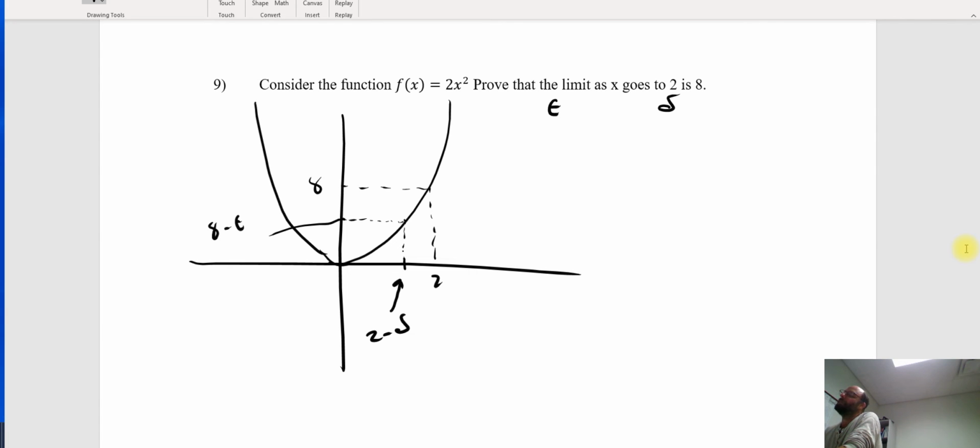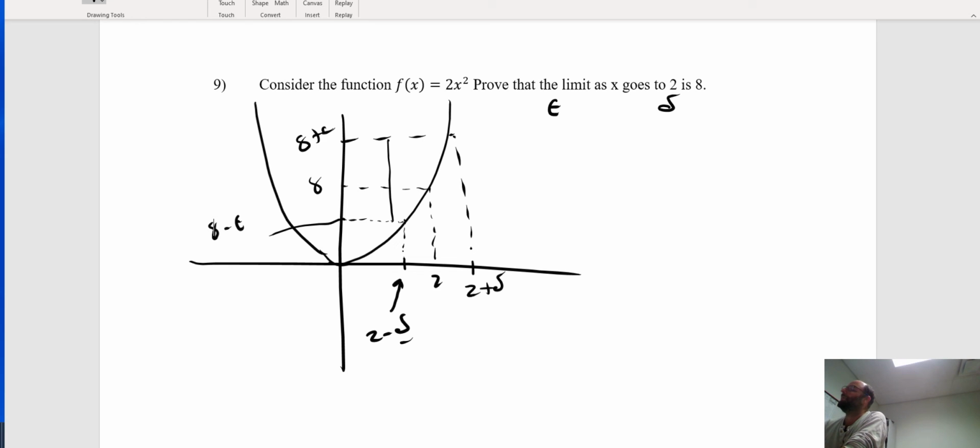And basically the limit proof is this. Can we find a delta such that as long as x is in this range, 2 minus delta to 2 plus delta, then the function vertically is in this range, 8 plus epsilon, 8 minus epsilon, meaning that the function is closer to the limit than this or this. That's basically how it works.